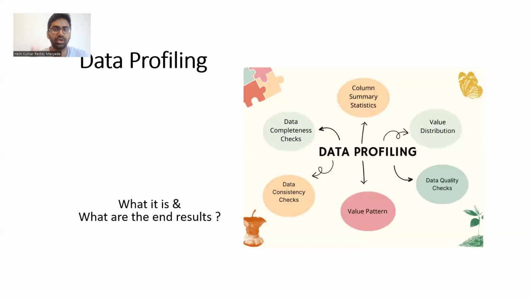So this picture clearly explains what data profiling is. A disclaimer, I got this picture from Google. First, going in clockwise direction, column summary. You need to identify what columns you have and what the statistics are. Do we have any null values, and what is the count of null values and non-null values in each and every column?